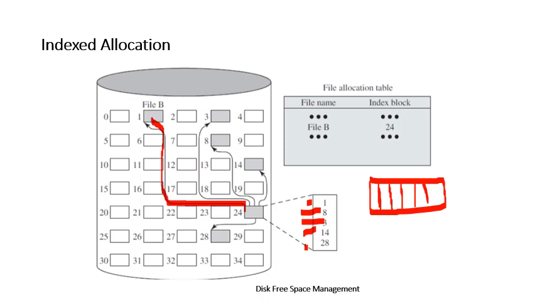If we delete any part of the file, for example if I delete this 28, then 28 will be deleted from the index table, the 28th block will also be removed, and the link will be removed from here.